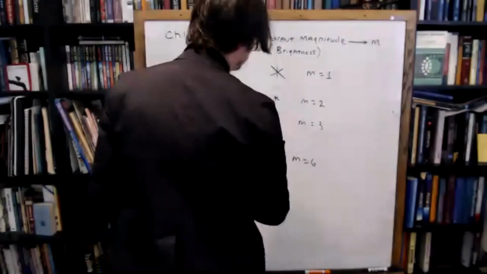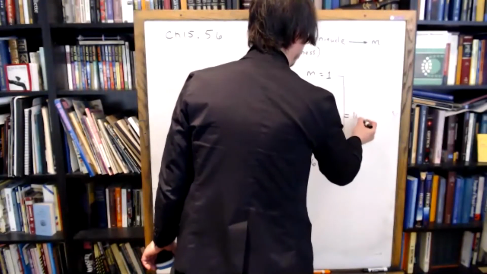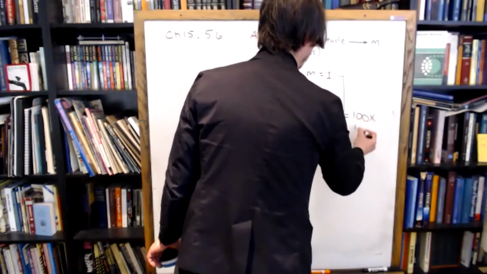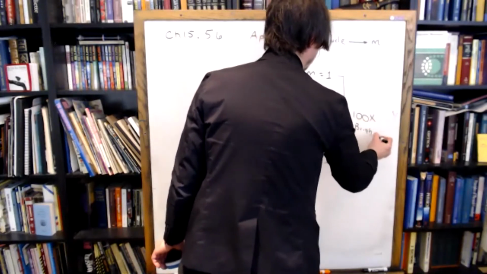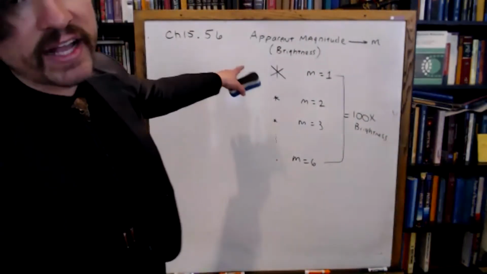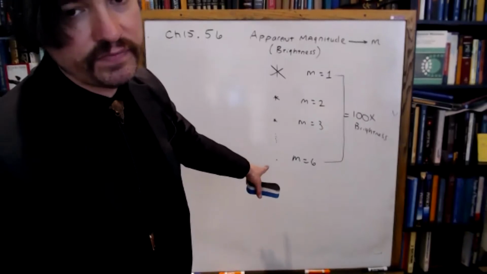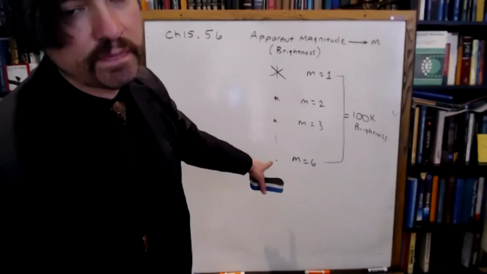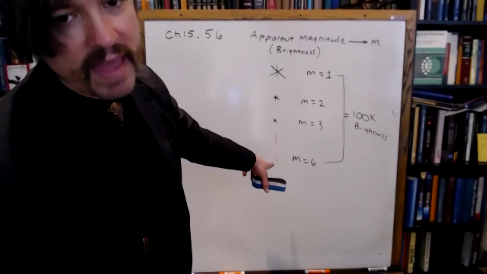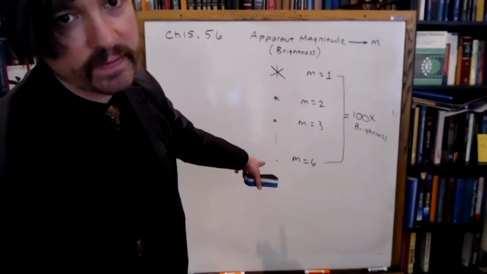And it turns out that a change in 5 magnitudes corresponds to a ratio of 100 times in brightness. That means a magnitude 1 star, like the star Sirius, is 100 times brighter than a magnitude 6 star, like Proxima Centauri, okay?